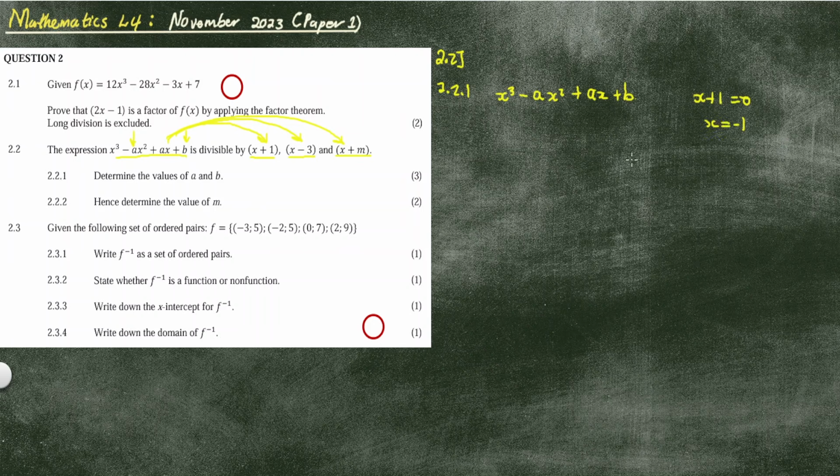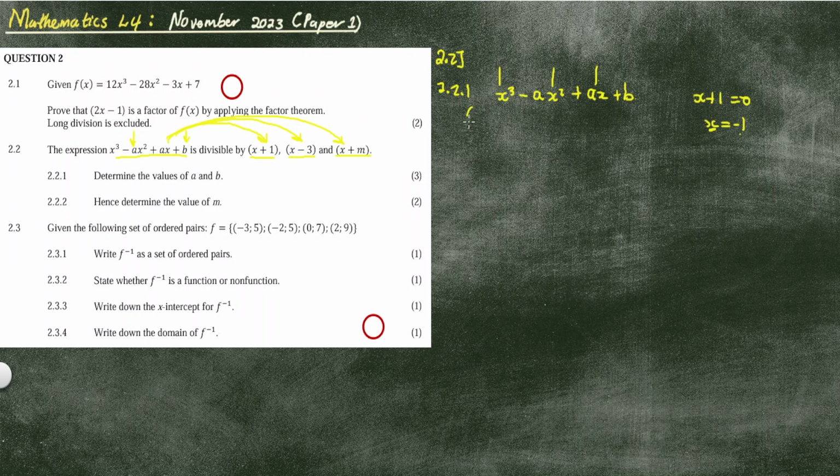When x is equal to minus 1, I should get 0, meaning that when I substitute minus 1 into this expression, I should get 0, because x plus 1, x minus 3 and x plus m are factors, so they divide through that expression.